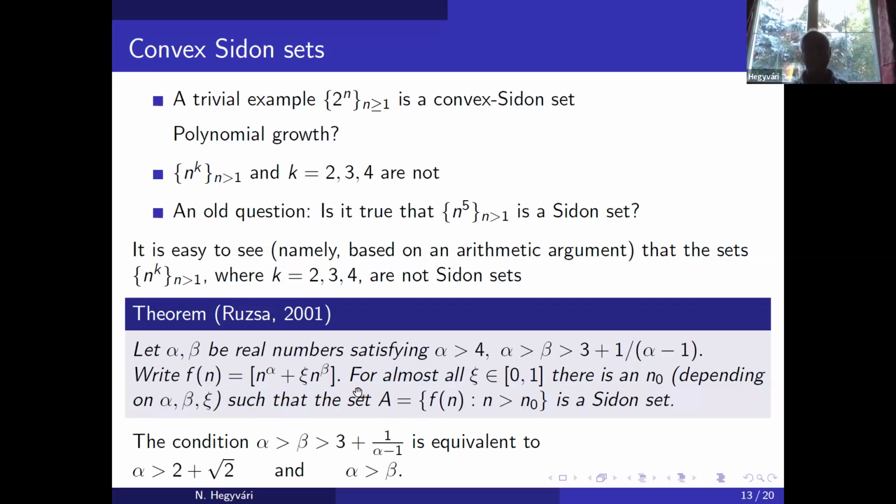His statement is that for almost all alpha in the interval (0,1), there is a threshold depending on the parameters such that this set is a Sidon set. So if you take, instead of a polynomial, just a power, and you can consider that a polynomial, he obtained almost the fifth power, with just some error here.